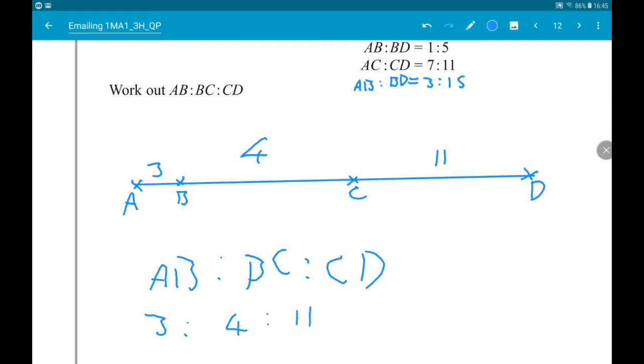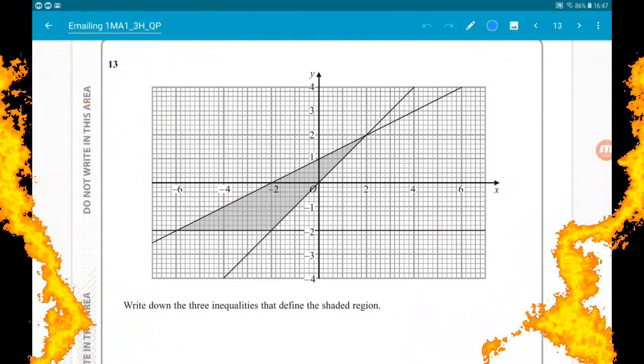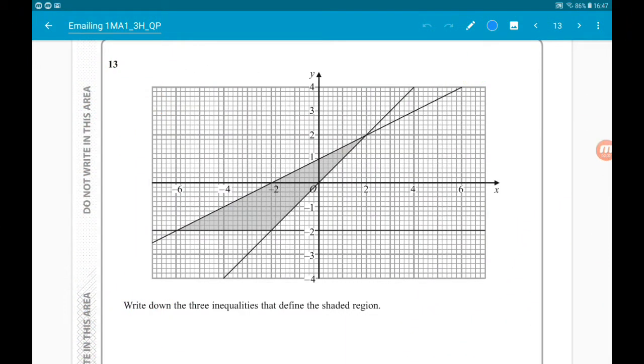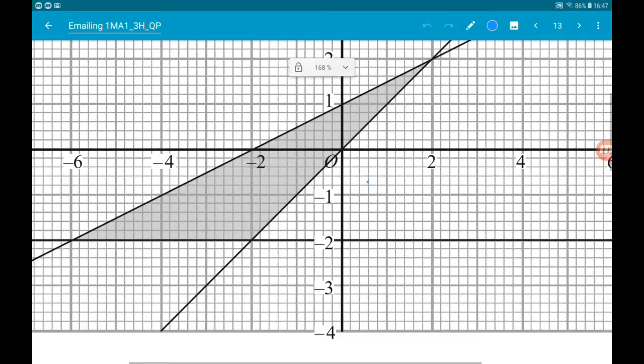Good. Okay, number 13, we have inequalities on graphs. So we want to write down the 3 inequalities that define the shaded region. Okay, so the shaded region is bounded by 3 lines. Essentially, we need to find the equations of the 3 lines and then decide whether the region is above or below each line. So the easiest one to do is this horizontal one.